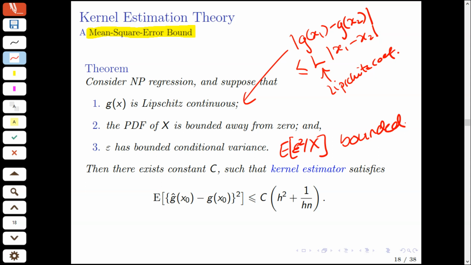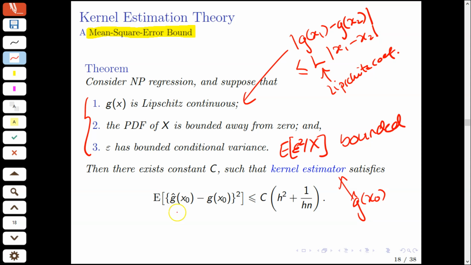Now, if these three conditions hold, one may show that there exists a constant, let's call it c, such that our kernel estimator, g hat of x0, our kernel estimator of g at the point x0, satisfies the following mean squared error bound.